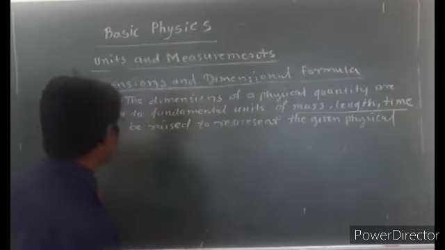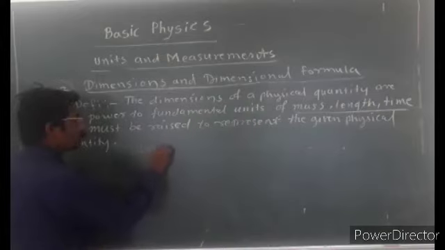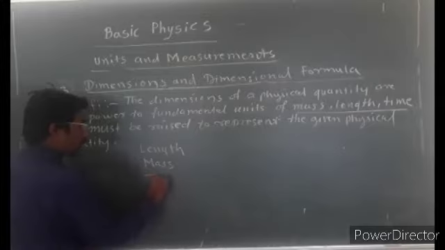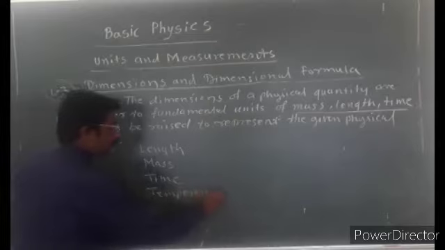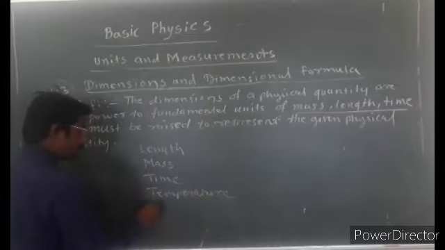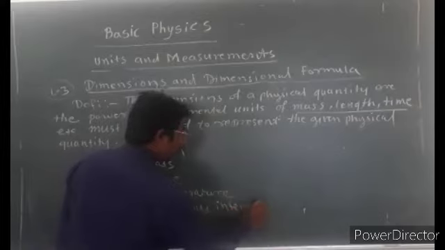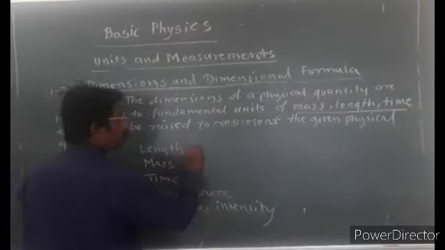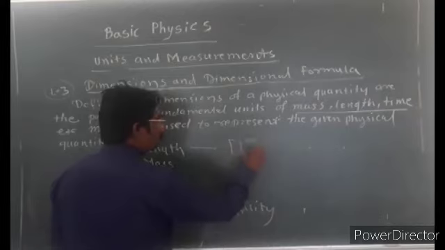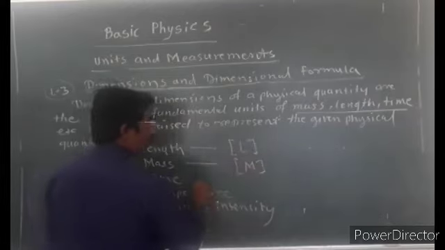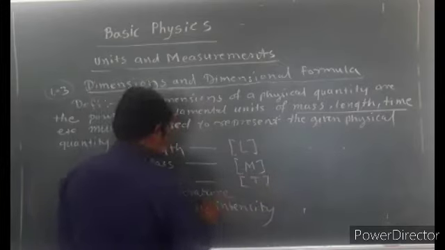So I would like to write here some physical quantities: length, mass, time, temperature, then luminous intensity.